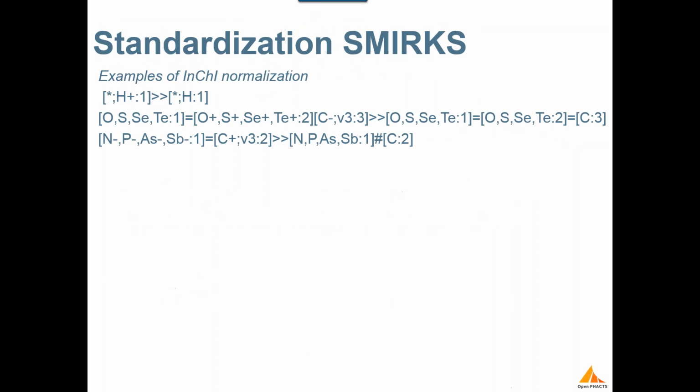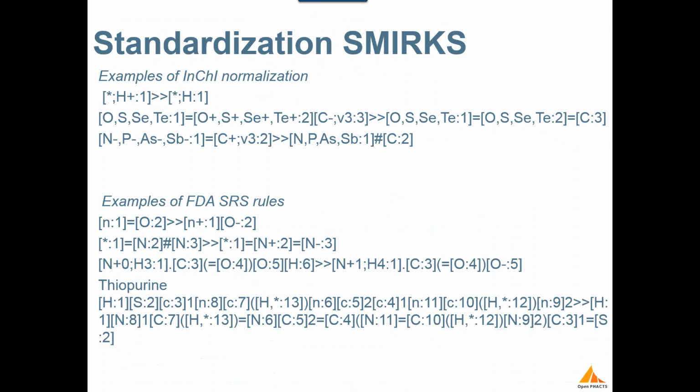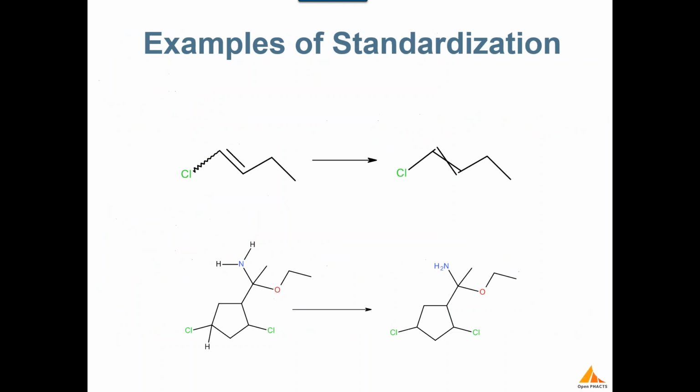We have an InChI normalization rule at the top for the SMIRKS transformations, and the FDA SRS rules at the bottom, with many, many tens of these transformations in place. They are available; you can view them and download them, and I believe they're attached to the supplementary info of the Journal of Cheminformatics article.